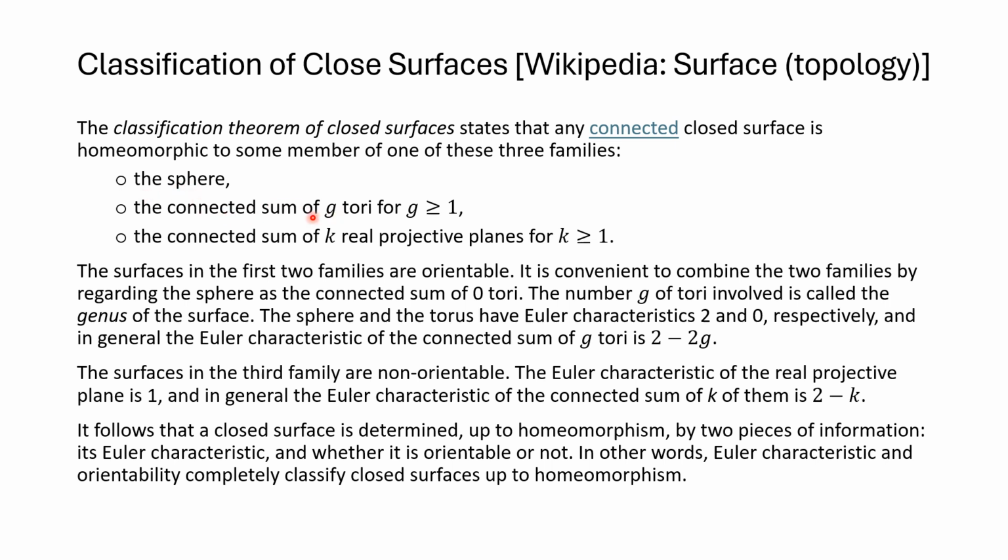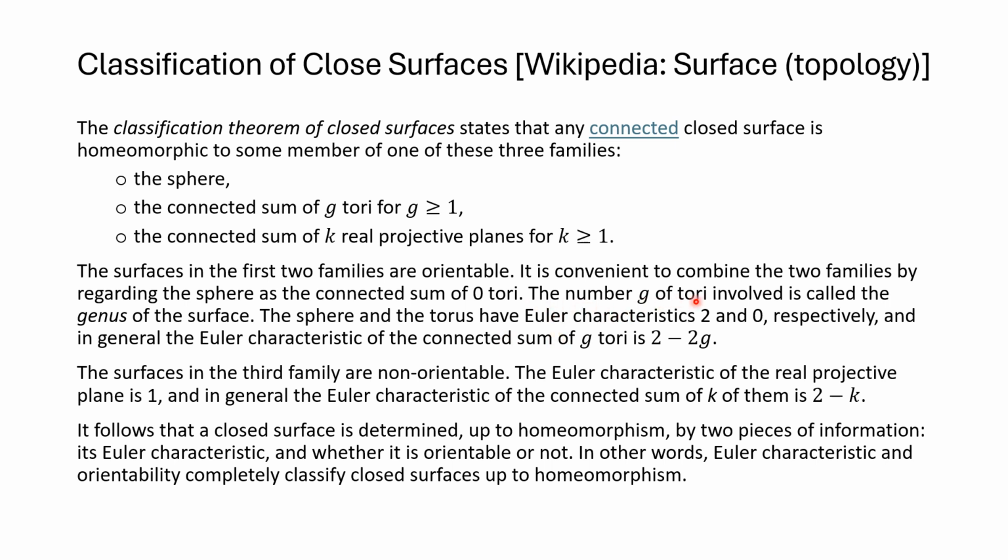Then we have the connected sum of one or more tori as one case, and the connected sum of k real projective planes is the third case. And as we mentioned previously, the surfaces in the first two families are orientable. It is convenient to combine these two cases by thinking of G being 0, and that takes in the case of the sphere.